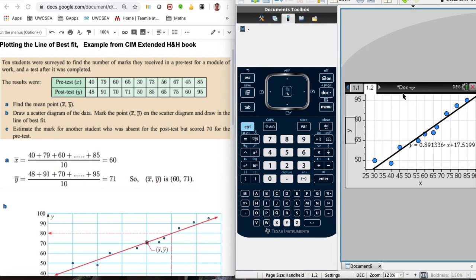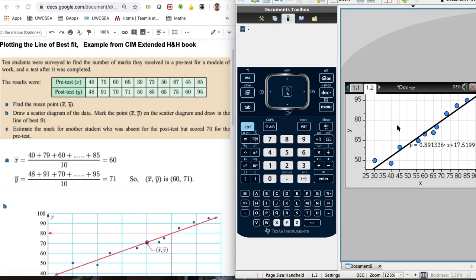Okay, so this is a linear regression, and this is the formal way of finding a line of best fit for the set of data. Okay, so y is equal to 0.891x plus 17.5, and the tests are probably going to ask you to find out what this linear regression line is and then just write it down. So you'll have to do it to 3 significant figures.